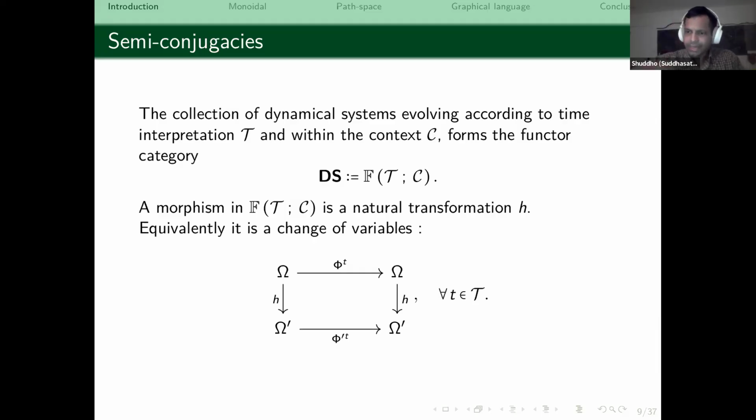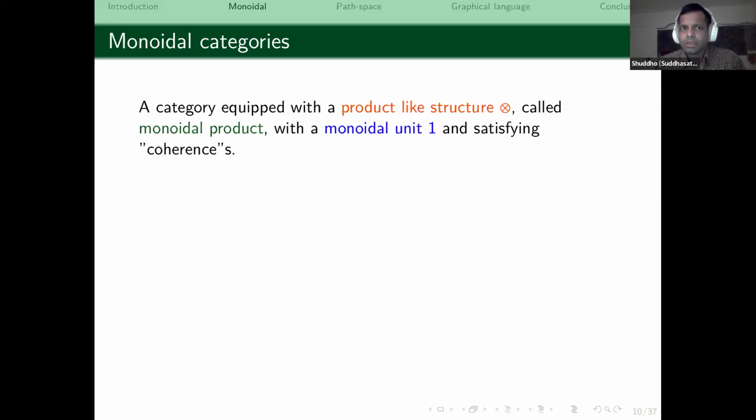So this is like a second layer of category, a hierarchy of categories, which I'm denoting by DS for dynamical systems, built over the context category C. Of course, for a collection to be a category, we need objects as well as arrows, morphisms. The objects here are the functors; every functor becomes an object. The semi-conjugacies become arrows in this category. In categorical terms, these are called natural transformations.